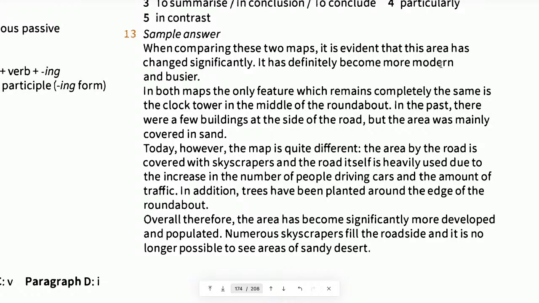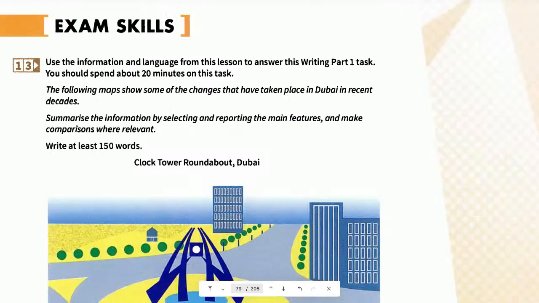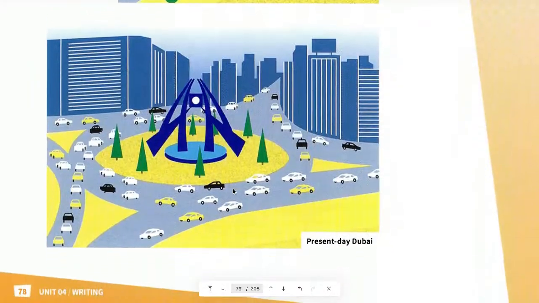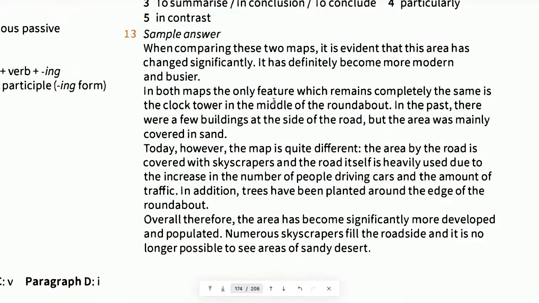But when you want to describe the changes, then you use the present perfect tense. That is how we deal with these two maps, the past map and the present map. Got it? Okay. It has definitely become more modern and busier. They are talking about this area.